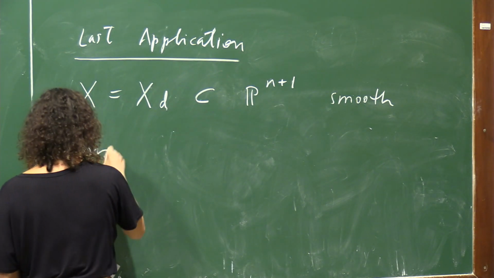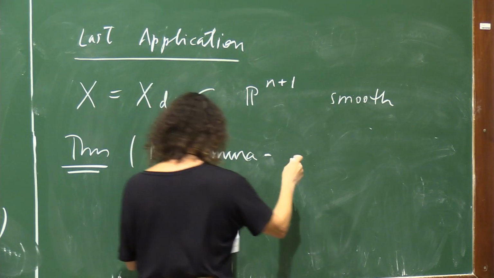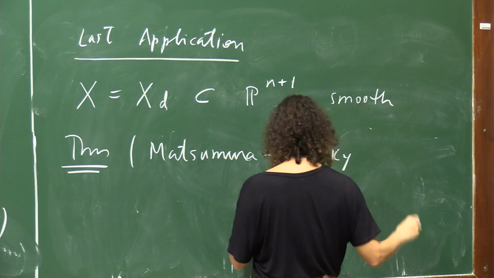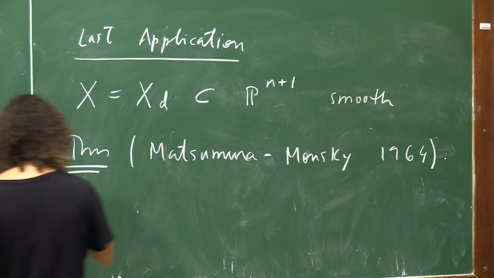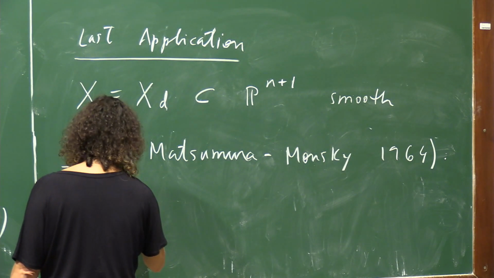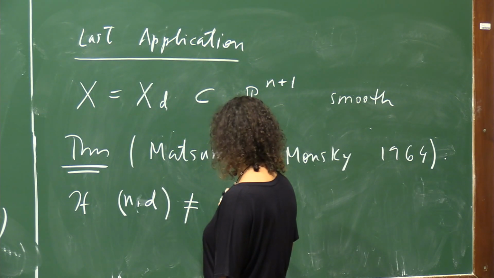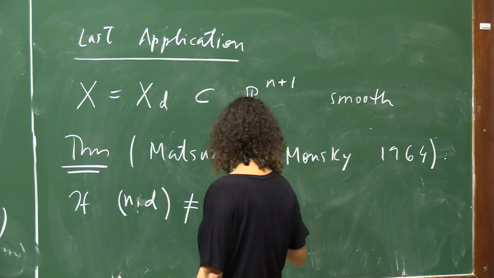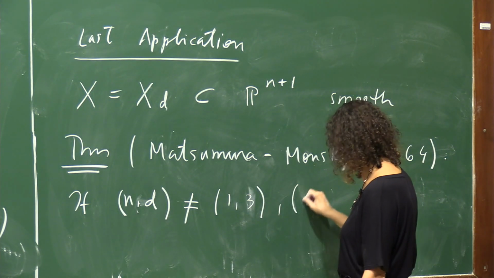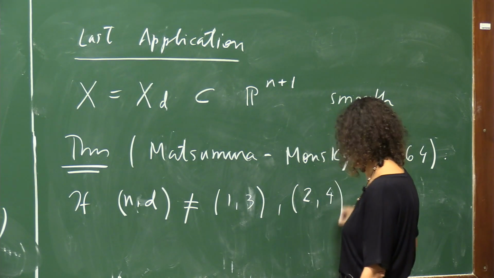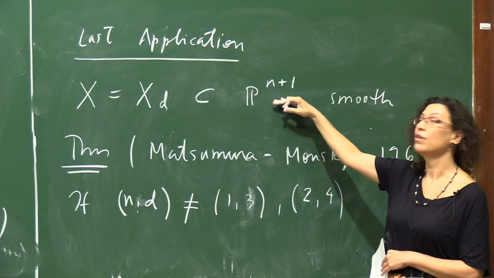There is this very nice theorem of Matsumura and Monsky that says that, except in two special cases, where the dimension n and the degree are such that it is dimension 1 and degree 3, so a cubic curve in P2, or dimension 2 and degree 4, a quartic surface in P3, then every automorphism of the hypersurface is the restriction of an automorphism of the ambient space.